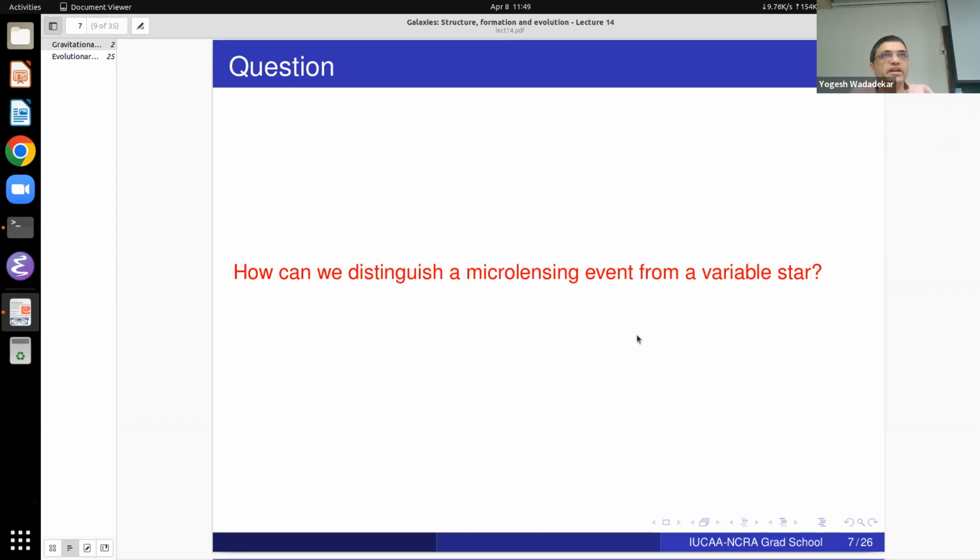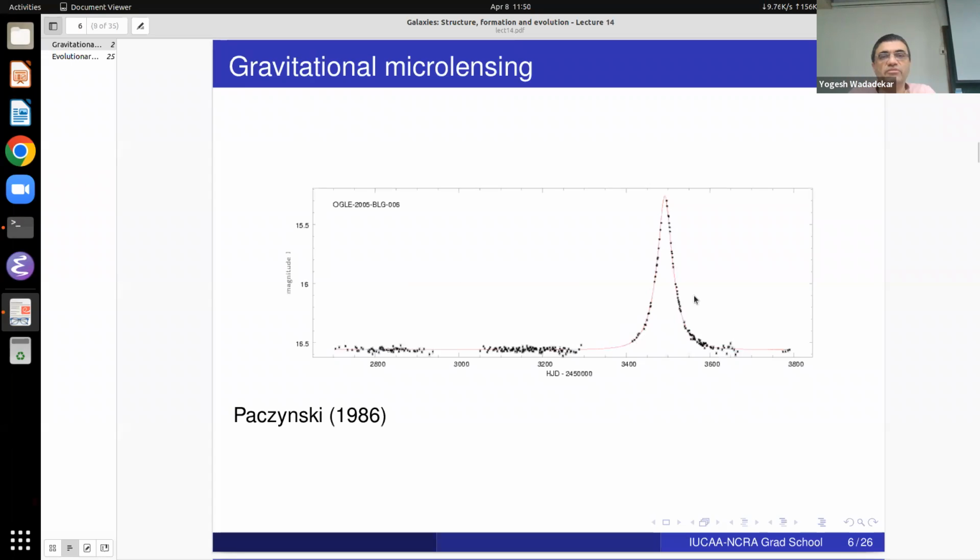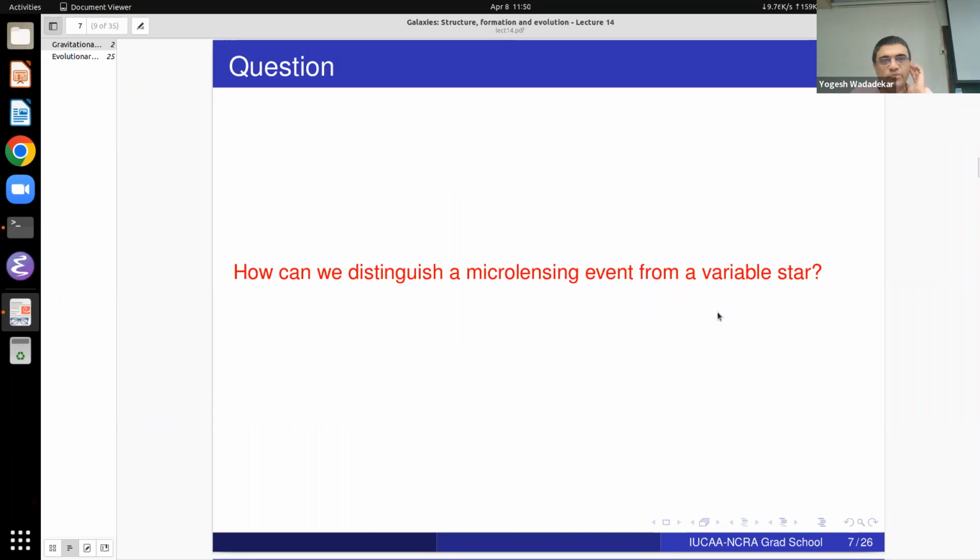There are some variable stars which just brighten, fade once, and nothing happens for the next 1,000 years. Even for such a class of objects, they are not going to be fit by the functional form that is predicted for a lensing event. So if you build a lens model, you will get a perfect fit with the lensing equations, and you won't get a good fit in general with the variable star.